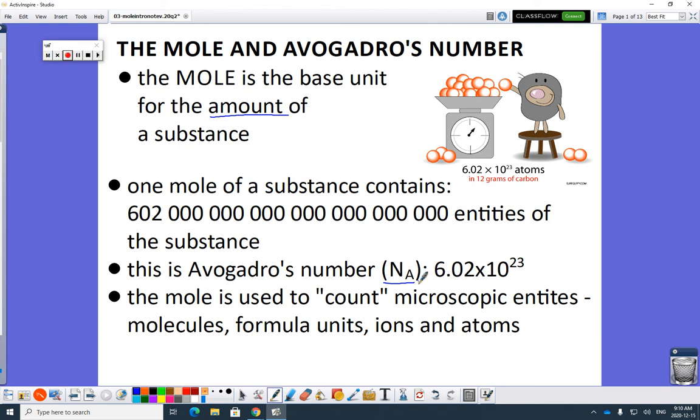Your textbook is very specific. So they use the word entity, which basically just means particle. If you're talking about covalent compounds or molecular, that's molecules. They use the word formula unit for ionic compounds.